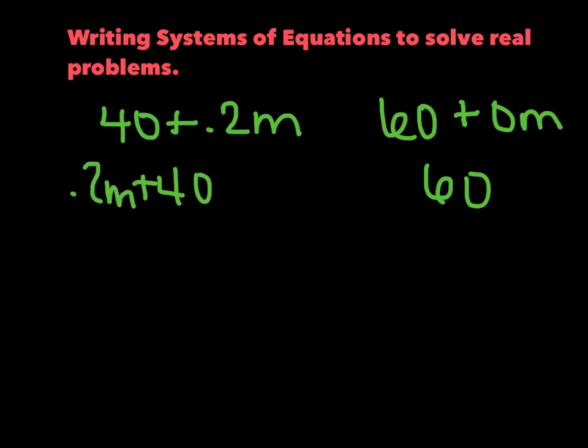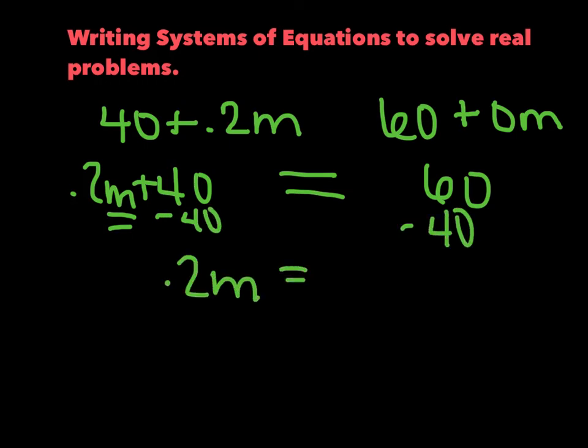The first question is, how many text messages would you have to send or receive in order for the plans to cost the same? Well, since they're going to cost the same, you could just set these two equal to each other. Now we want to know how many messages, so I want to solve for m. Subtract 40 on both sides, so you get 0.2m is equal to 20.